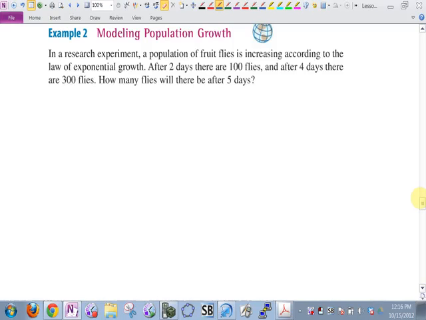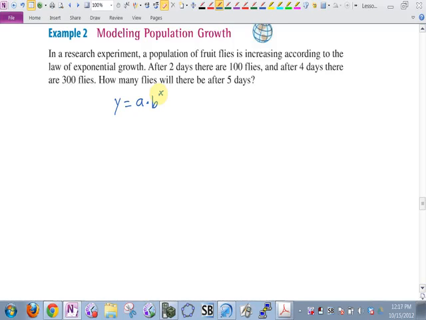The general exponential equation looks like this, a times b to the x. Agreed? Where A is how many fruit flies there are at the beginning of this experiment. Do we know how many flies there are at the beginning? No, I'm guessing it's reasonable to assume there are less than 100, but I don't know for sure.